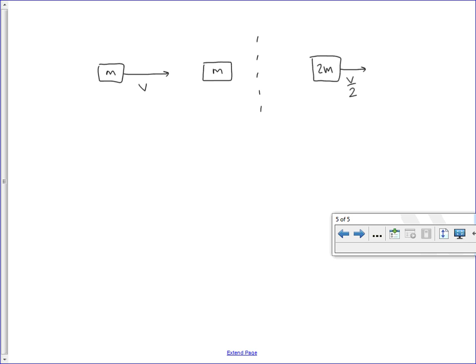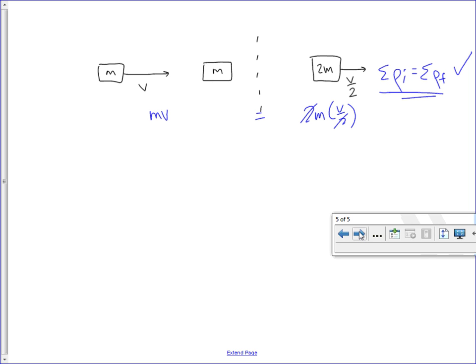So we did this by saying that, check, it works. This is just mv equals 2m times v over 2. Yep, works. mv equals mv. Momentum is always conserved.